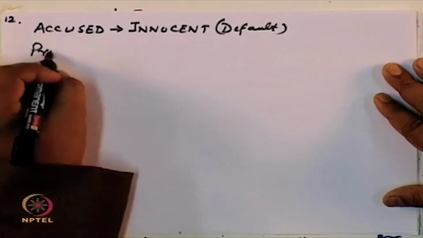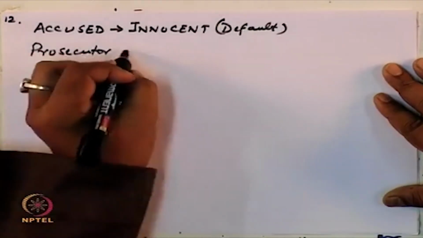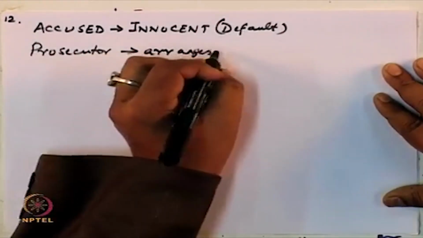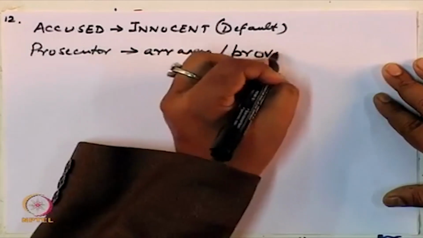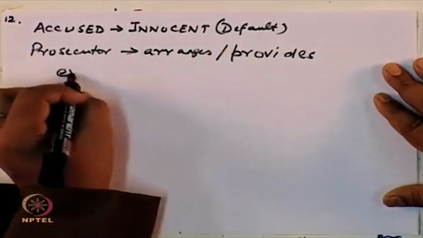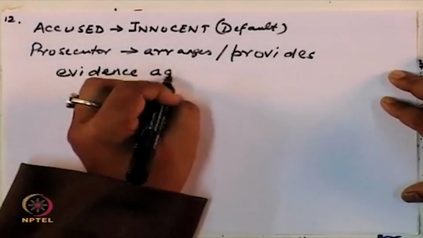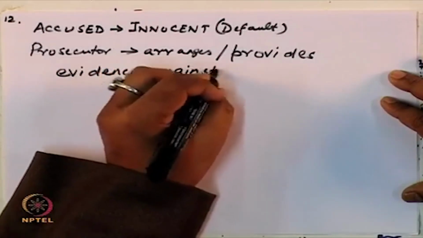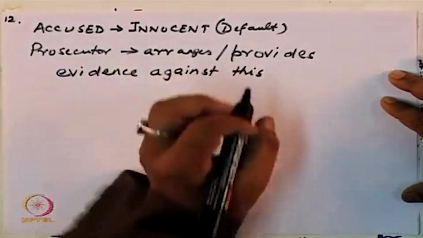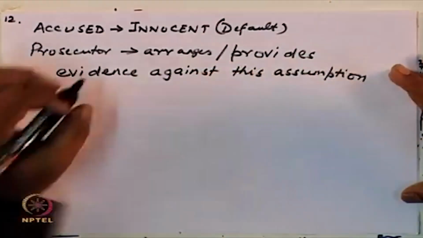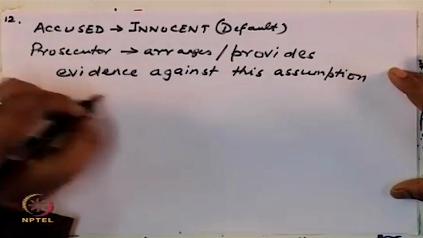And what the prosecutor does is arrange evidence against this assumption. If the evidence is significant, then the accused is pronounced guilty.